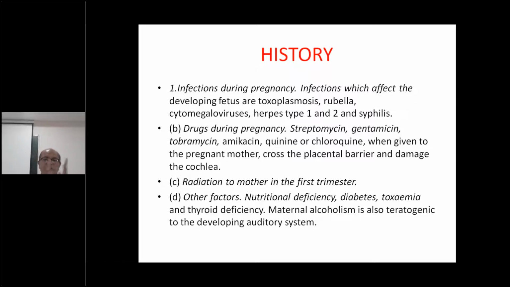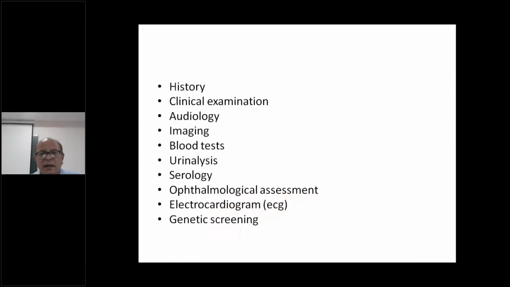Were all these vaccines given to the lady during her pregnancy or not? Number two is whether there is any history of infection by toxoplasmosis, rubella, cytomegalovirus, herpes type 1 and type 2, or also syphilis. But nowadays it's very rare to find syphilis, but the rest can all occur.